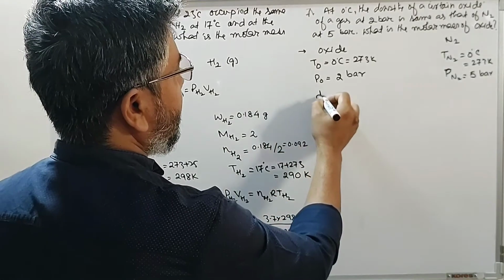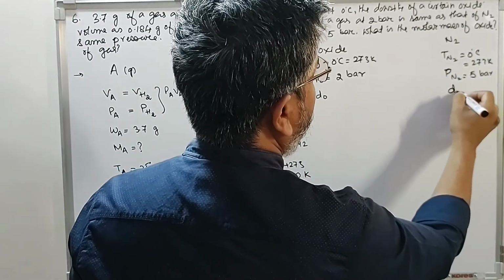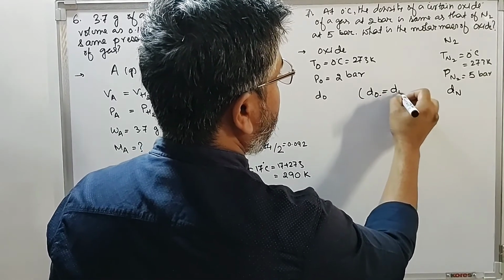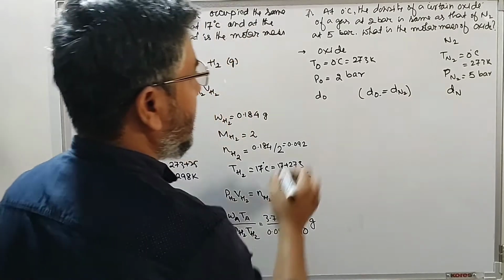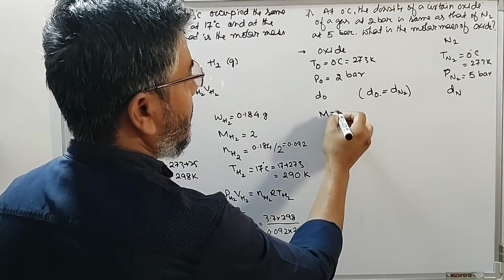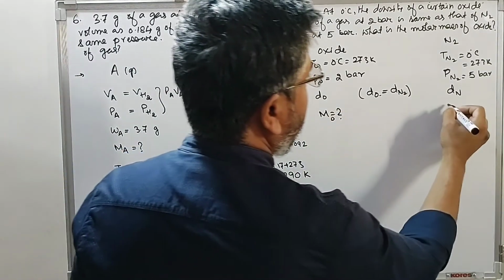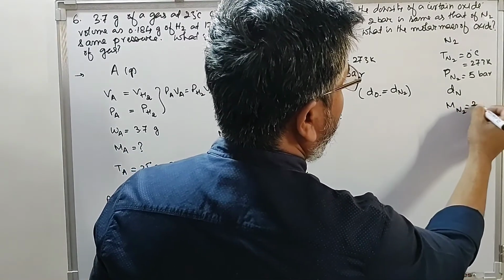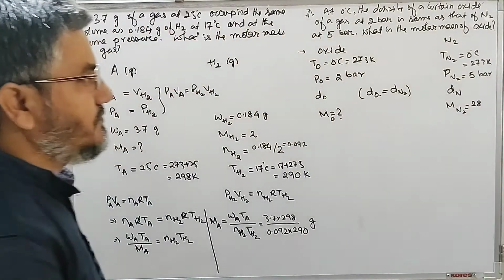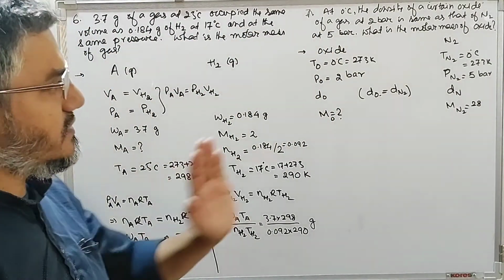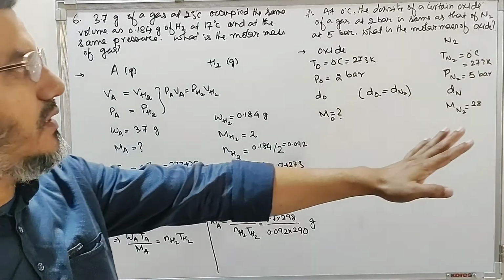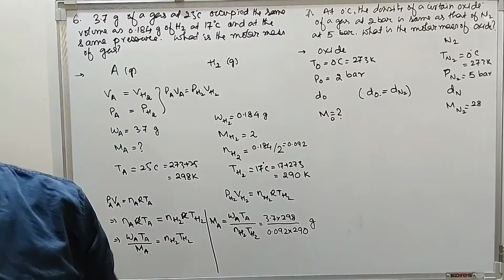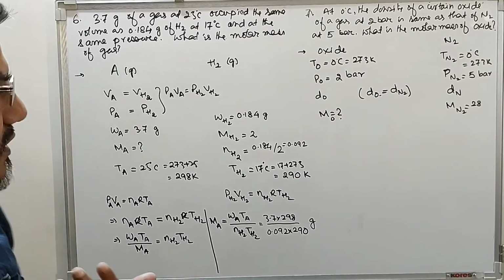The density of oxide is equal to the density of nitrogen. We have to find the molecular mass of this unknown oxide. The molecular mass of nitrogen is 28 gram per mole. Pressure given, temperature given, then we have to find the molecular mass of the unknown gas.